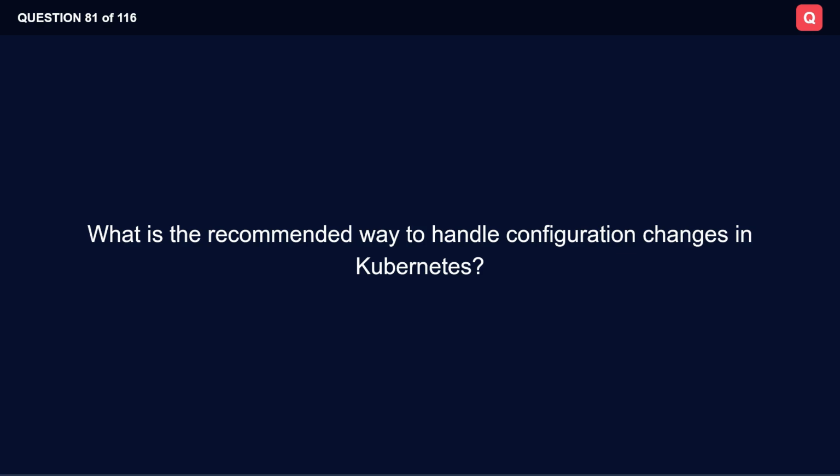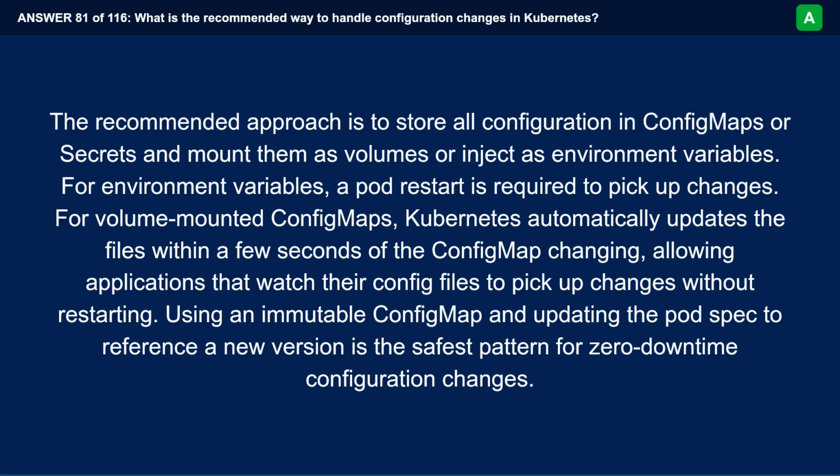What is the recommended way to handle configuration changes in Kubernetes? The recommended approach is to store all configuration in config maps or secrets and mount them as volumes or inject them as environment variables. For environment variables, a pod restart is required to pick up changes.